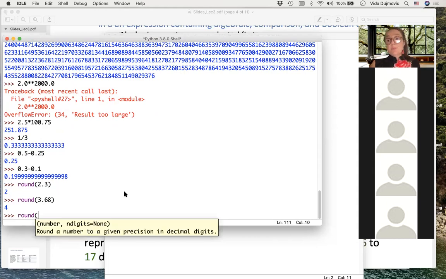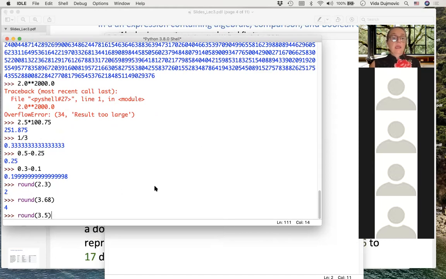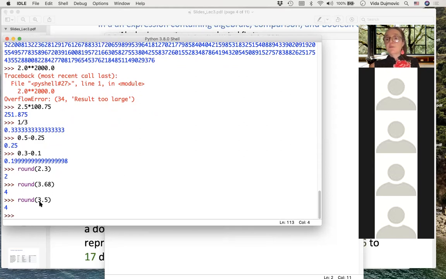By the way, at this point, I always get this question: what happens when you have a 5? And that depends on whether the integer is even or odd, the first part before the dot. The convention is that if the integer part is odd, then you round to the higher number.